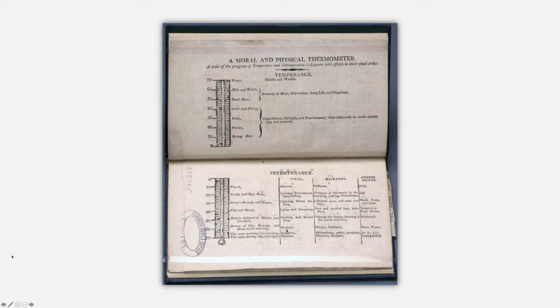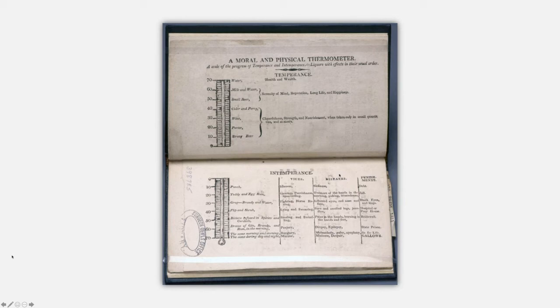Perjury leads to epilepsy and state prison. And burglary or murder gives you melancholy, madness, despair, apoplexy, which is a stroke, and death for life, gallows.